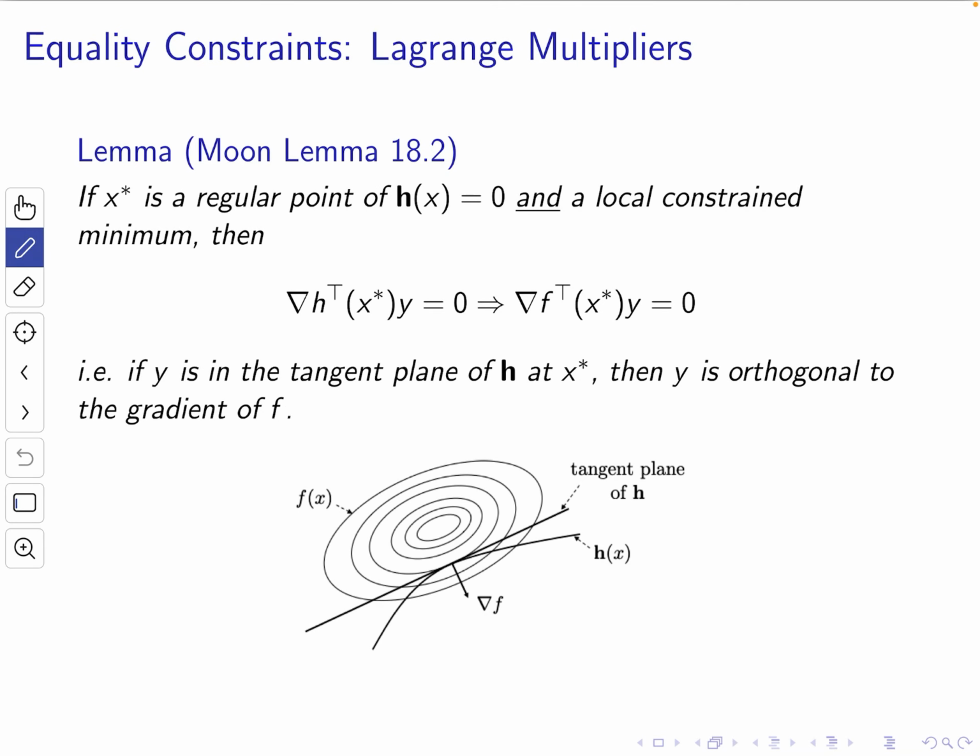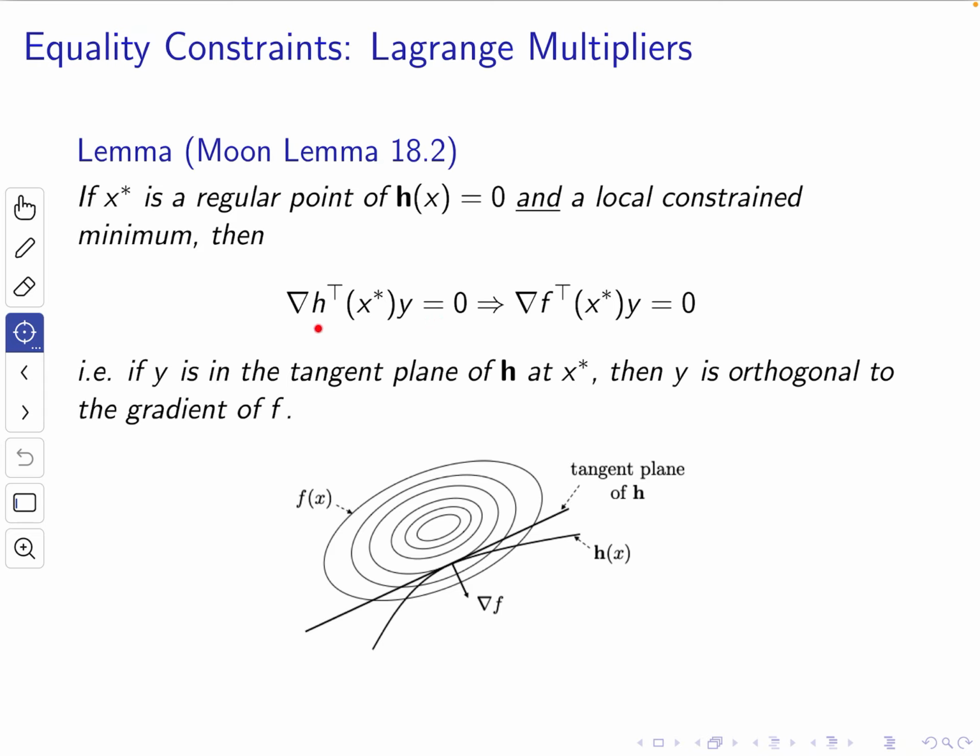Okay, here's another lemma. If x star is a regular point of h of x and a local constrained minimum, so this is a necessary condition. We know it's a regular point, and we know it's a local constrained minimum. Then the gradient of f at x star times y is equal to 0.